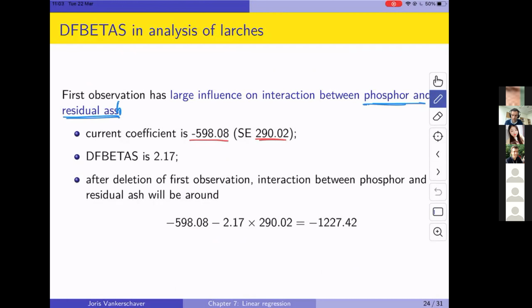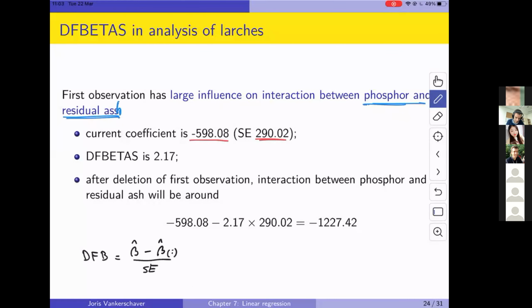And in order to do that, well, I use my definition of DF beta. So I know that DF beta is the beta in the full model, and I will drop the j subscript, minus the coefficient that I get if I delete the observation i, divided by the standard error.